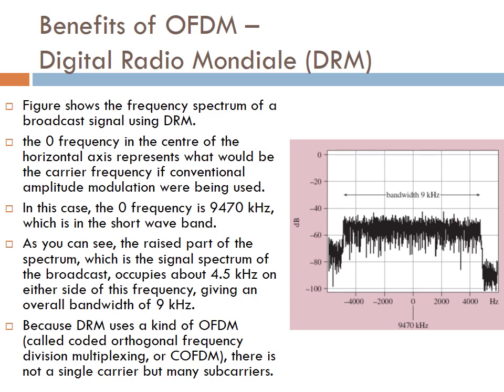As you can see, the raised part of the spectrum, which is the signal spectrum of the broadcast, occupies about 4.5 kilohertz on either side of this frequency, giving an overall bandwidth of 9 kilohertz.